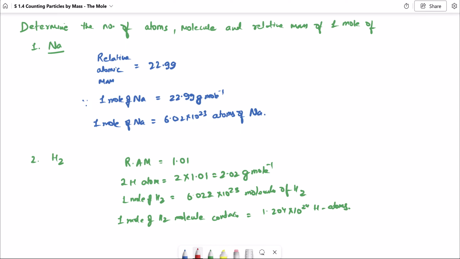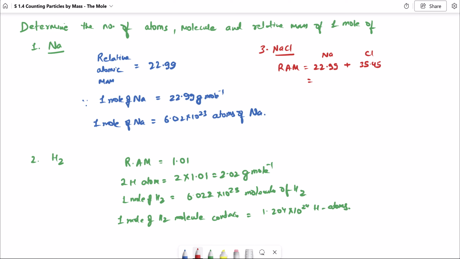For the third question, NaCl, let's find this out. The relative atomic mass for sodium is 22.99, plus chlorine is 35.45.